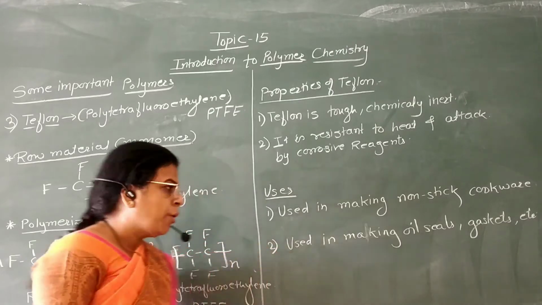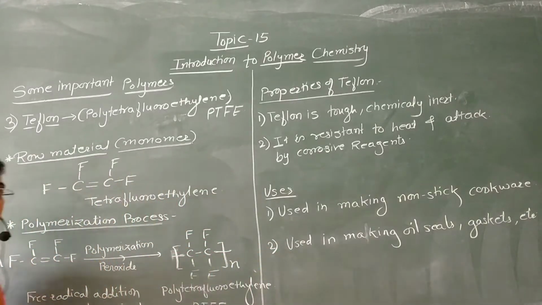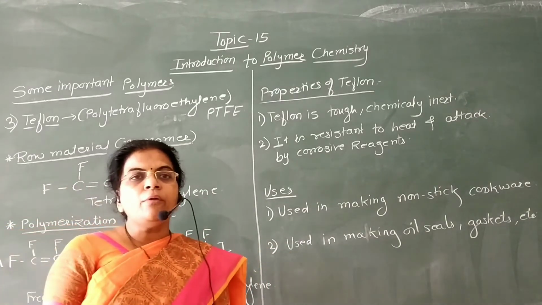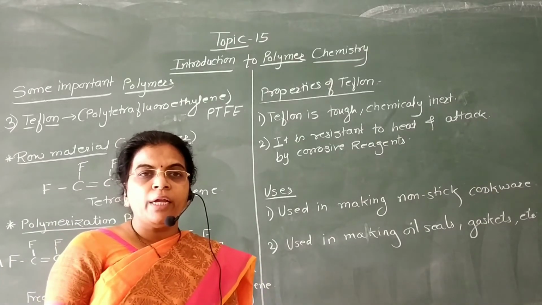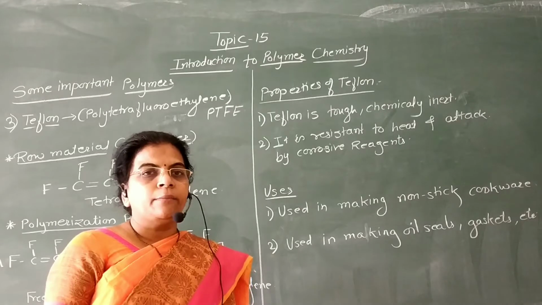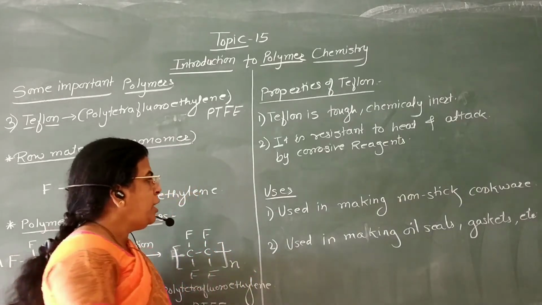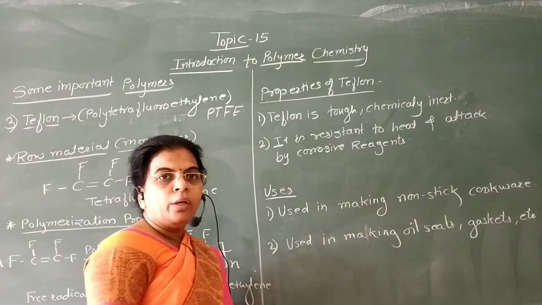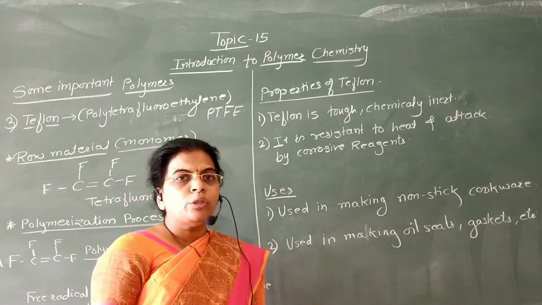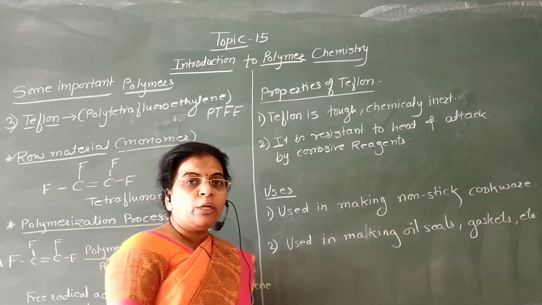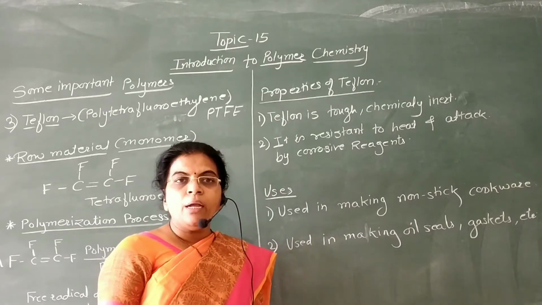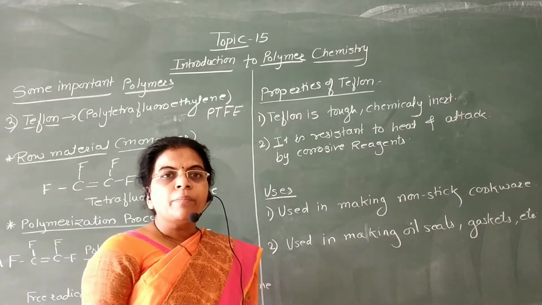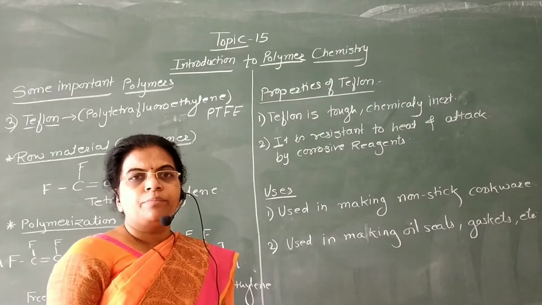The C-F bond present in Teflon is a strong bond, and therefore it does not break easily by the action of any alkali or acid. Now the uses of Teflon: it is used in making non-stick cookware, and it is used in making oil seals and gaskets, etc.